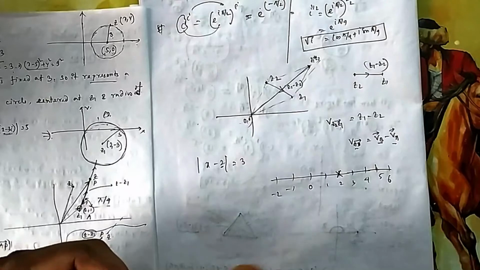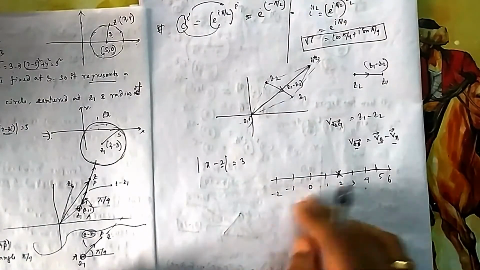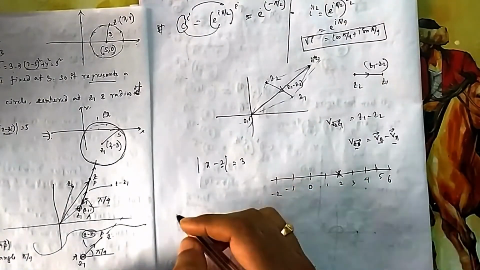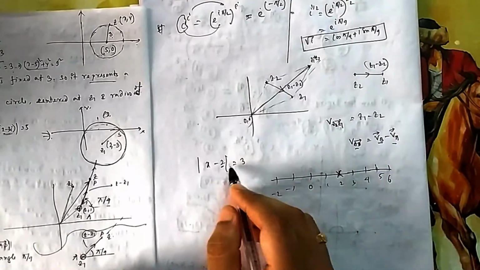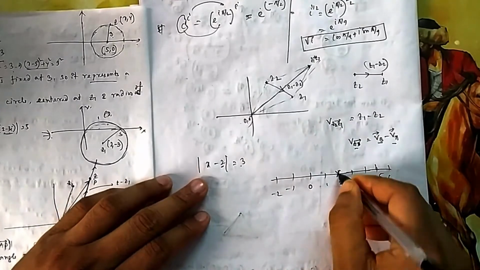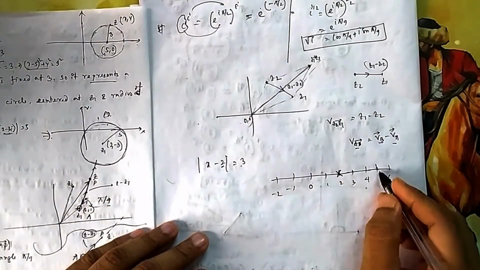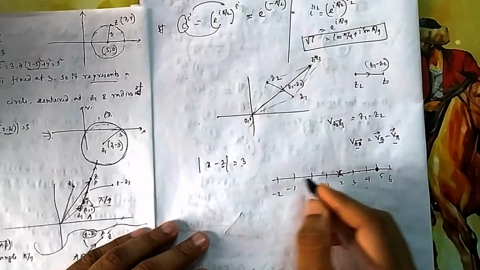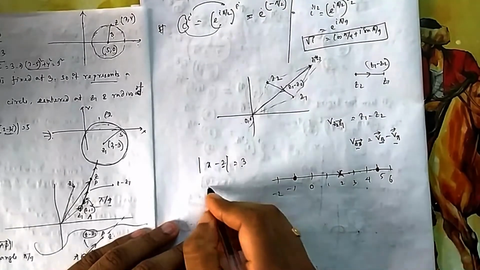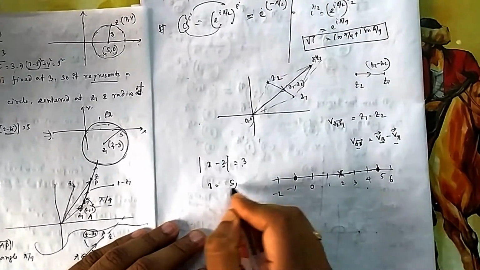Because it was a single dimension, you cannot move here and there; the number line is in only one direction, the x direction. So you can move either this way or this way, because they are saying you should be at a distance of 3 units from 2. You can move 3 units, 1, 2, 3, either here or here.